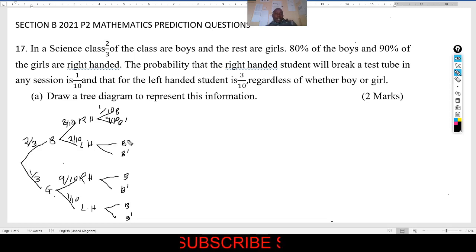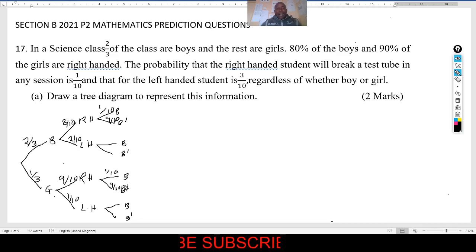As long as you are right-handed, breaking is 1/10, whether you are a girl or a boy, and not breaking is 9/10.